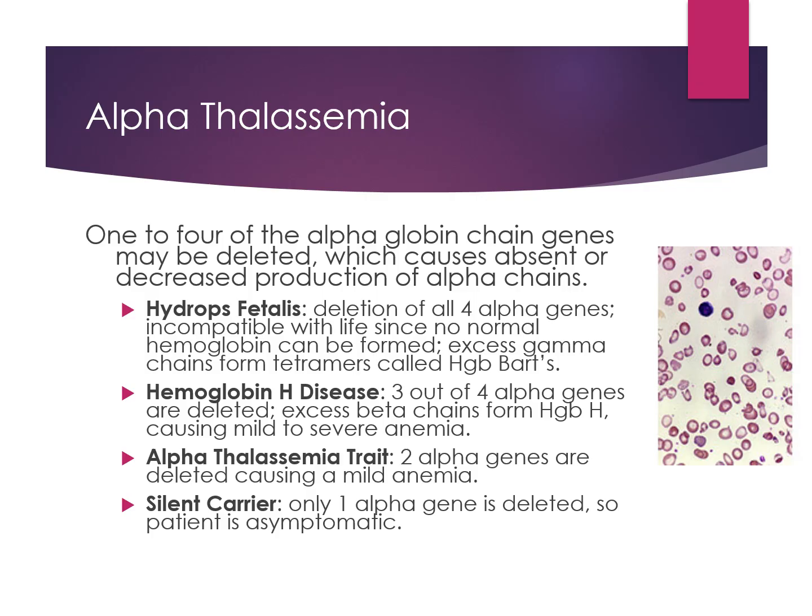If we have only one alpha gene deleted, we call that silent carrier. Most of the time, this patient is going to be asymptomatic, but they do carry the capacity to pass that genetic information on to their offspring, which, depending upon the other parent's pattern of inheritance, the child could end up with an alpha thalassemia.